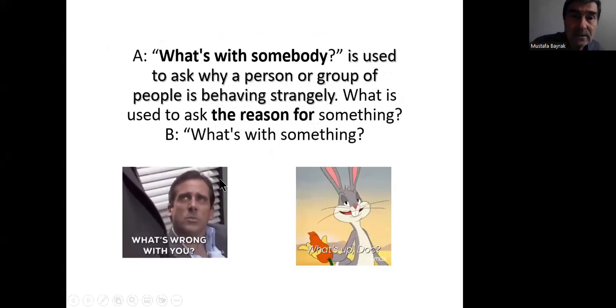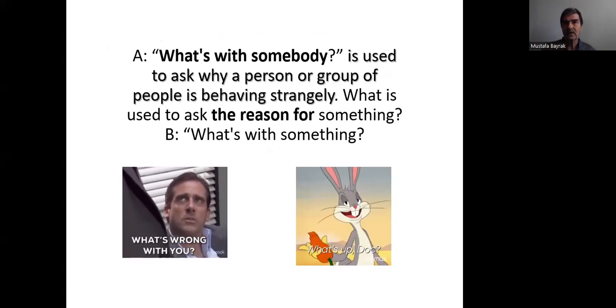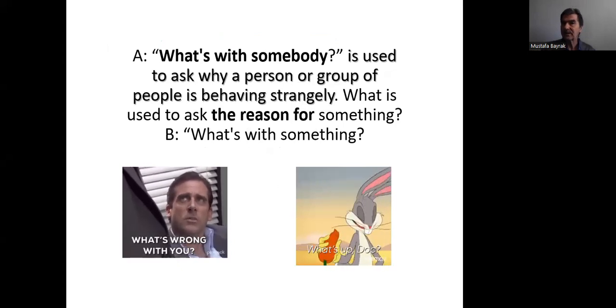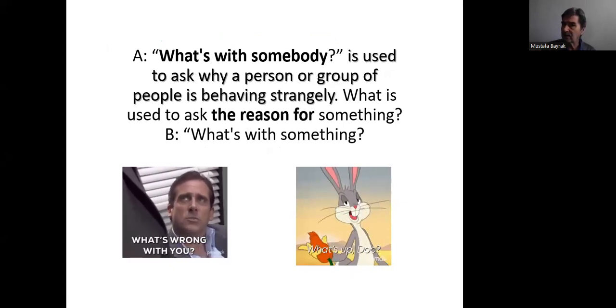Okay, yes. In the previous video, if you remember, I mentioned this. I talked about this. What's with something is enough. Instead of saying what's wrong with something or somebody, what's the matter with something, of course, they are all correct. They are all true, but what's with somebody is enough.